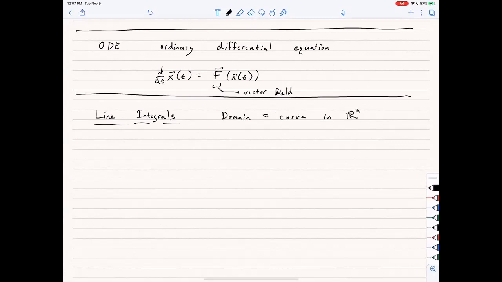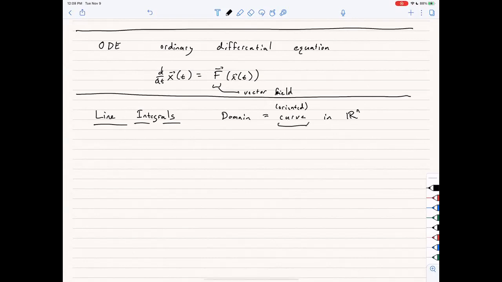So here n again can be 2 or 3 for us. And it may be the case when we do vector line integrals that we want to orient the curve. So we'll talk about orientations next class. For now, let's just assume we have a curve.